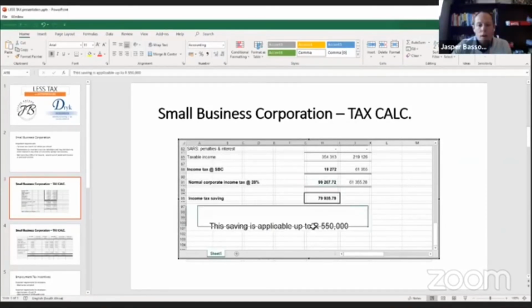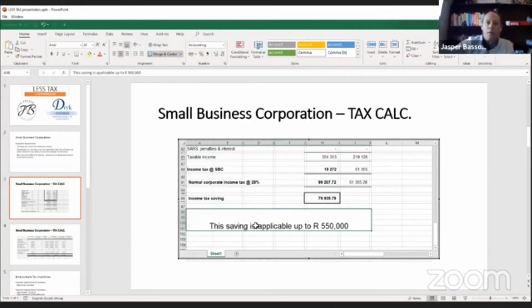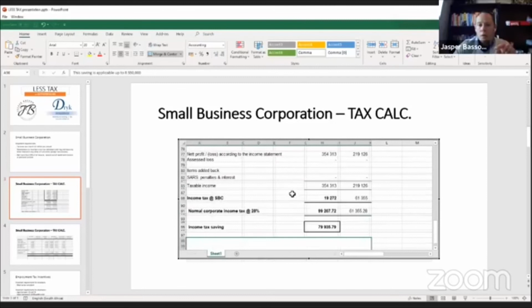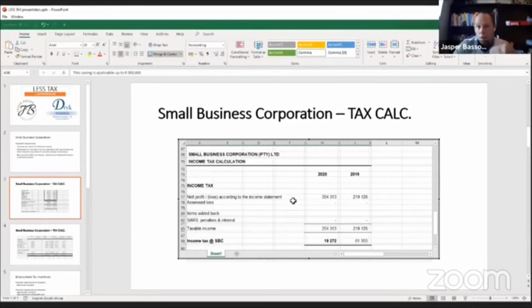I'll just write here as well, the savings is applicable up to 550,000, so that's the highest scale. Anything above 550,000 would be taxed at 28% of the net profit. Also a very important point is that the net profit calculated here is after the director or the member actually receives the salary as well. So this is after everything.